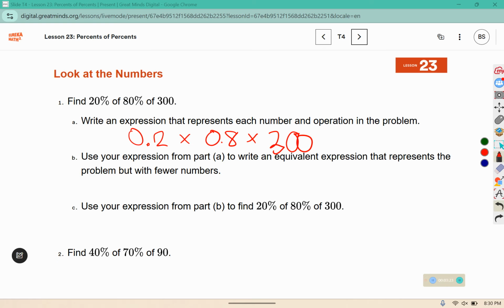Use your expression from part A to write an equivalent expression that represents the problem, but with fewer numbers. Well, if we multiply together 0.2 and 0.8, that can make it with fewer numbers.